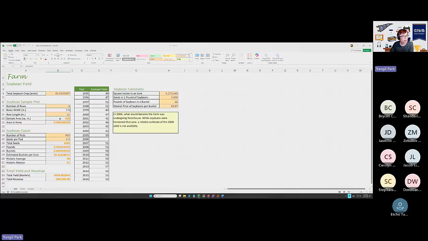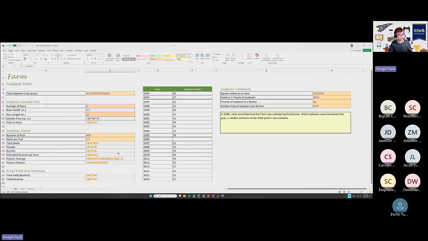Okay. Then some of those cells have formulas. Again, the direction gives you how to find out those numbers. For example, sample area. That's multiplying those 3 numbers: B7, B8, B9. So to give you the total area for the sample.